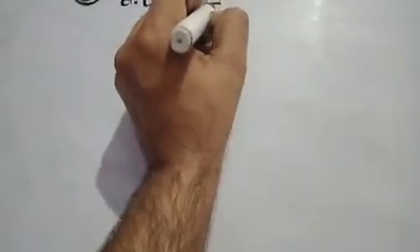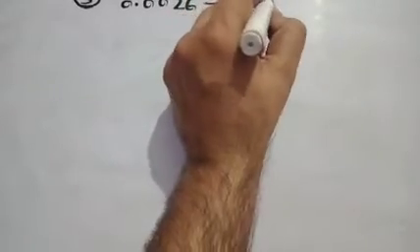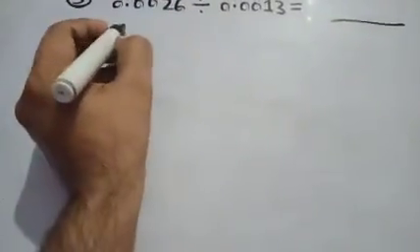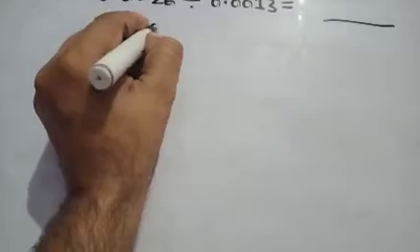Now a decimal number is divided by another decimal number. 0.0026 is divided by 0.0013. Look at the process. Whenever two decimal numbers are seen, you can note them down in fraction form.